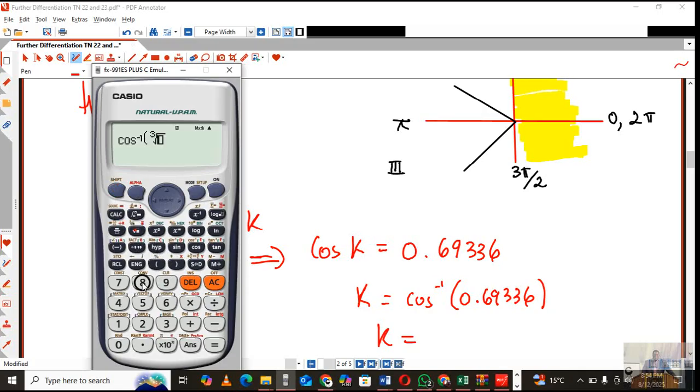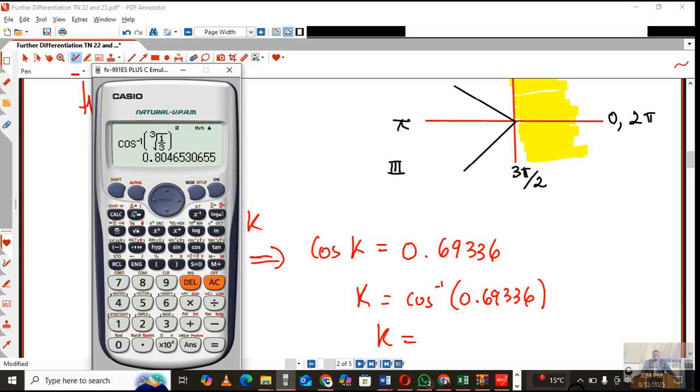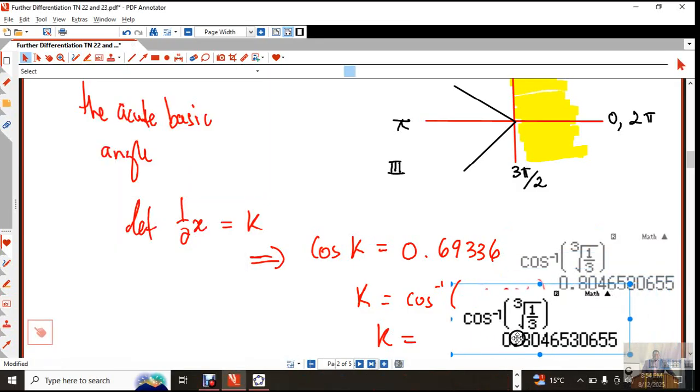The exact value will be taking the positive root. Okay, that gives me 0.8. So let's capture that. Good. So this is the angle.